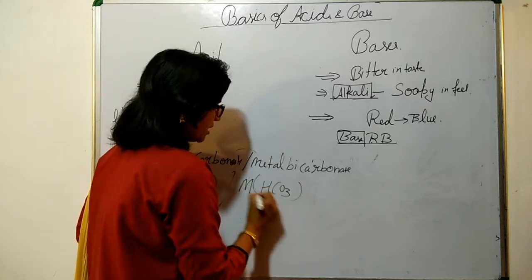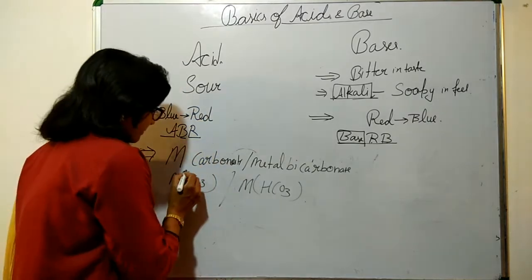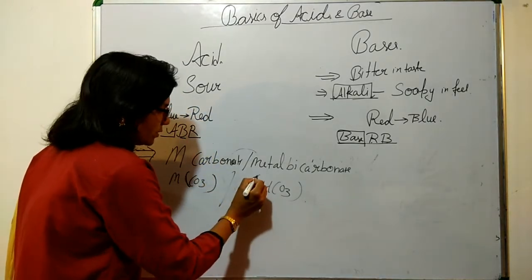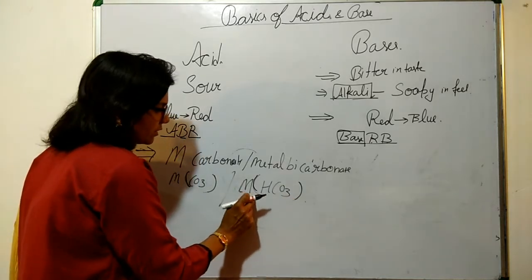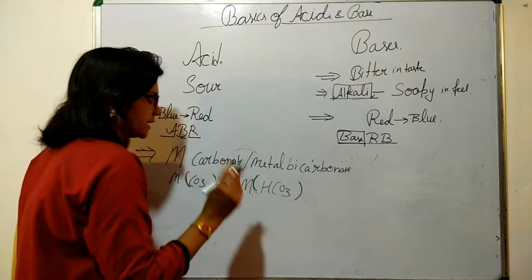HCO3 is your bicarbonate. I am putting it in bracket because we don't know the valency of this metal. On the basis of the valency, we will put the numbers here.